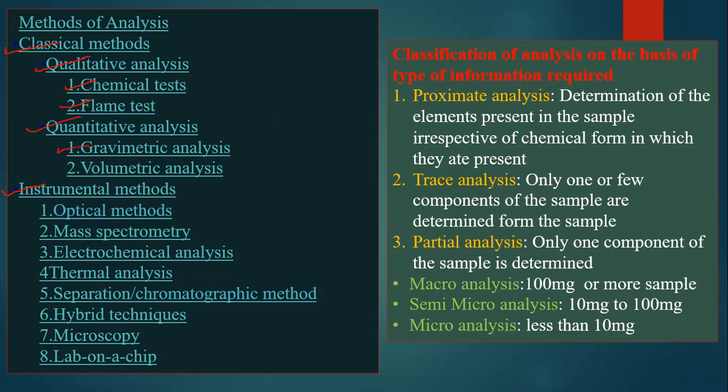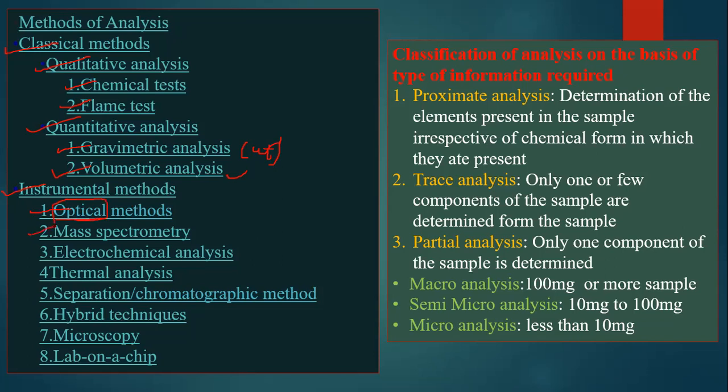In that you study gravimetric analysis, in which you measure the weight, and volumetric analysis, in which you find out its concentration. In the non-classical or instrumental methods, there are optical methods, where you study the interaction of light or electromagnetic radiation with the substance or matter.